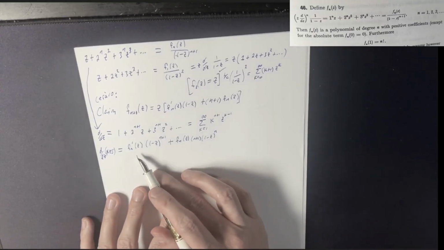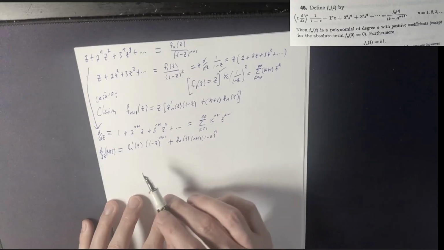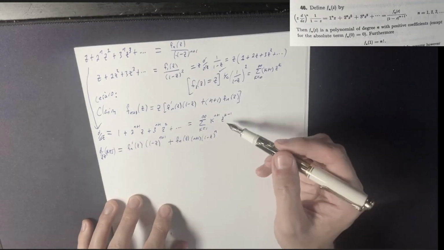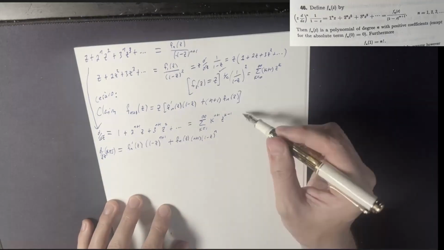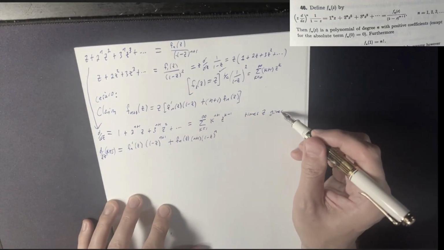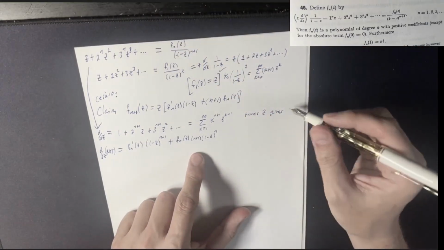But yeah, what are we doing? So if you multiply by z, you just get the n plus 1 version of the left-hand side.